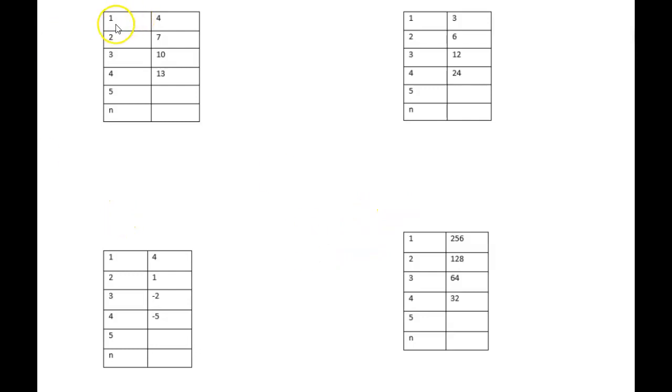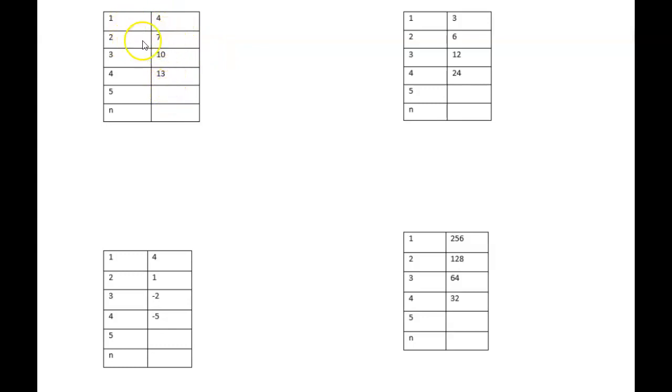Those are the term numbers, and those are the values of each term. So the first term is 4, the second term is 7, the third term is 10, the fourth term is 13. So is this an arithmetic sequence or a geometric sequence? The way to find out is looking at the difference between any two consecutive terms.